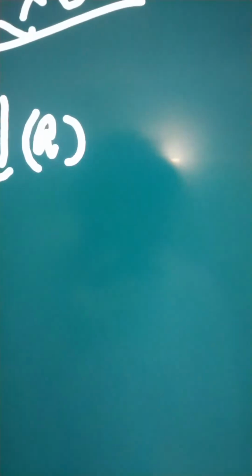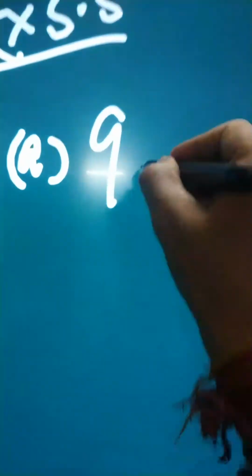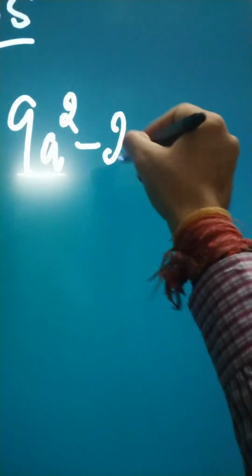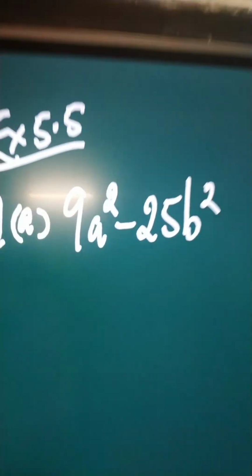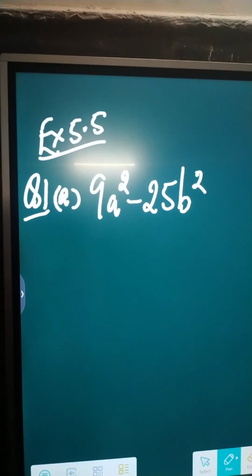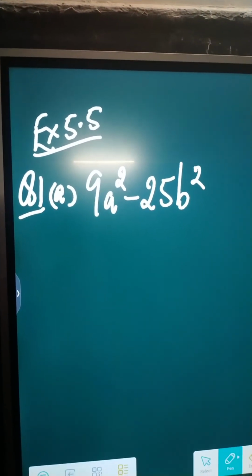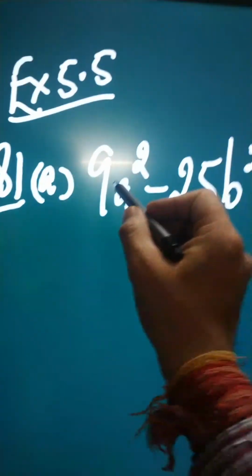It is given 9a square minus 25b square. Now we have done some methods of factorization earlier, where we had to solve by taking a formula. So this question resembles the formula.